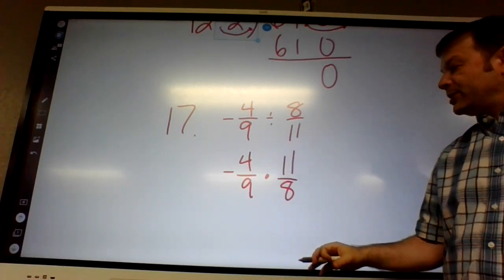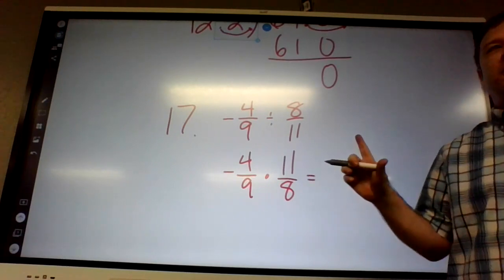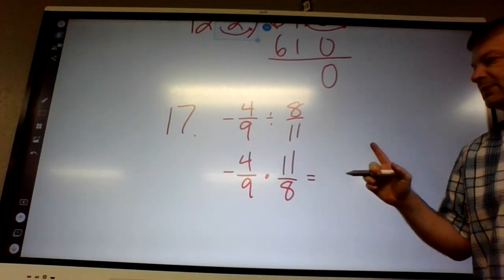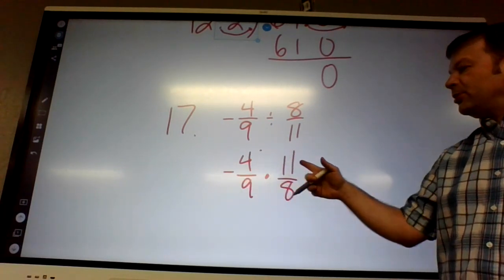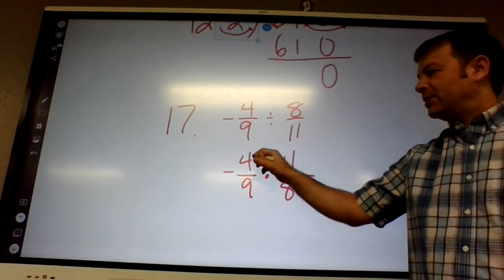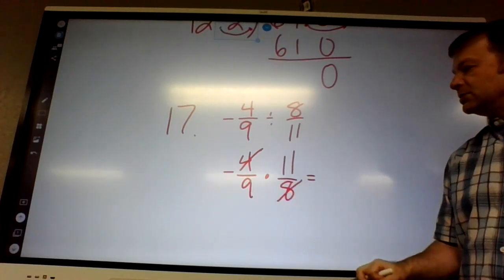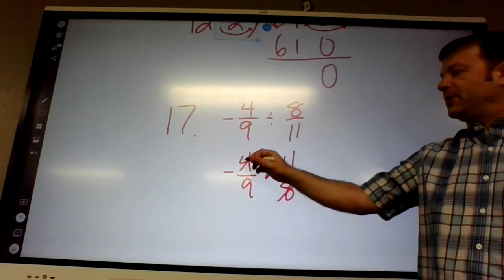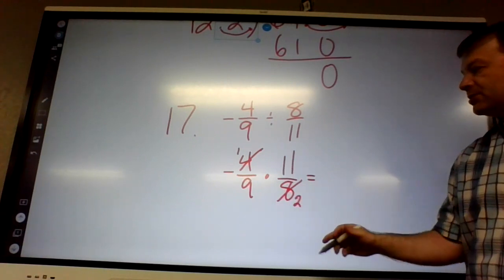And then, Davin, what can we do? Just multiply. Nope, something before multiply. Cross the answer. Oh, sorry. Okay, yeah. You could multiply, but then you'd have to reduce. It's easier if you reduce it over here. What can 4 and 8 be divided by? 4. So 4 divided by 4 is 1. 8 divided by 4 is 2.